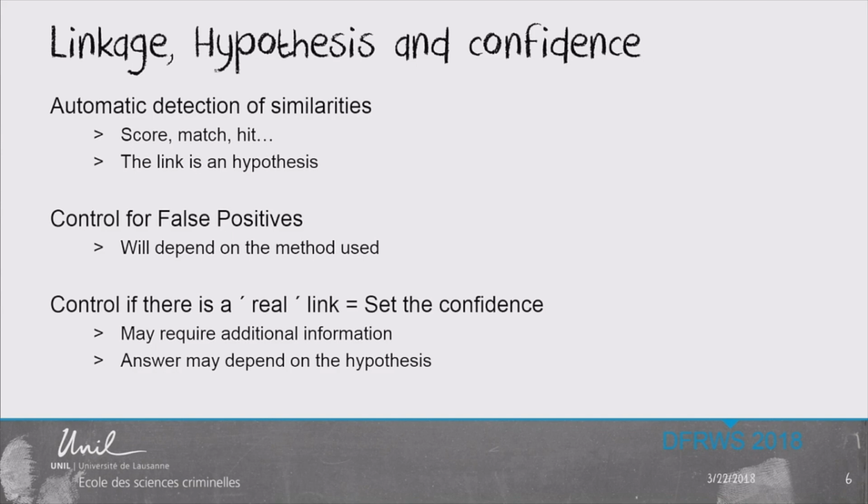Then you will need to check that it's not a false positive, because it's automated computation, so maybe the method has some false positive rates. So we check that it's not a false positive. And then the next step, and it's the most important step, I think, it's to check if it's a real link. It means that you will have to evaluate regarding his observation if it supports the hypothesis that those two cases are linked. And this step will require contextual and additional information.